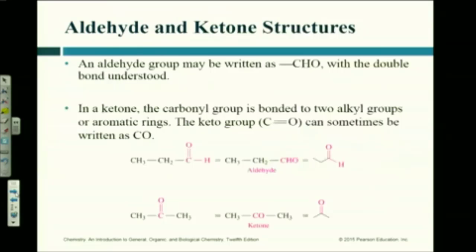So, oftentimes when you see the condensed structural formula for an aldehyde, you'll see it written like that, CHO. And we just understand that this really means C double bond O with an H like that, and then there's some other stuff over here. Okay? If it's a ketone, it can just be written as CO because it's in the middle of something somewhere.